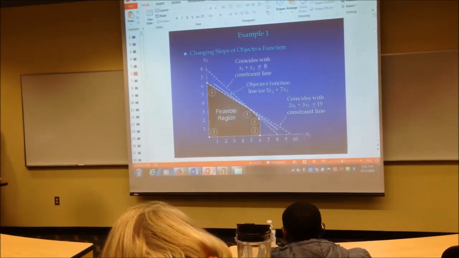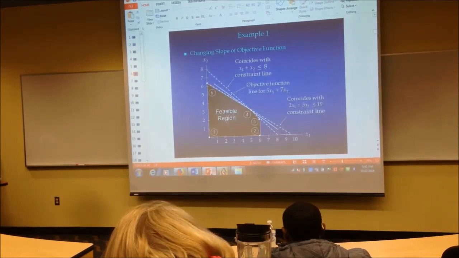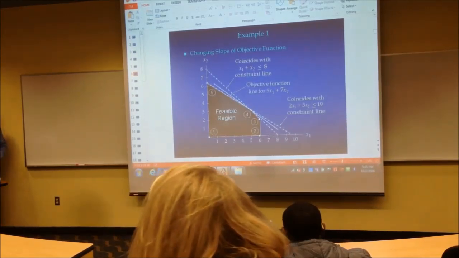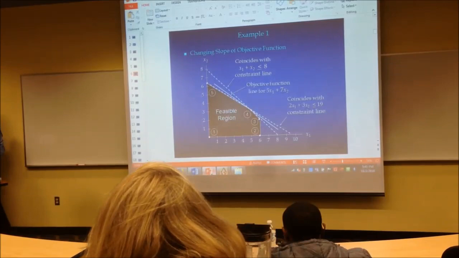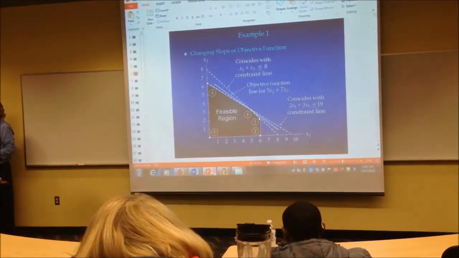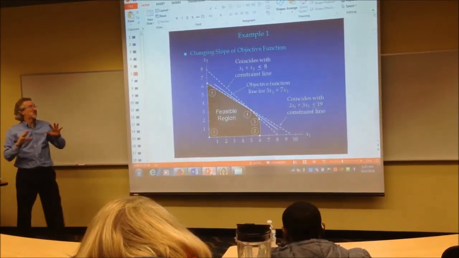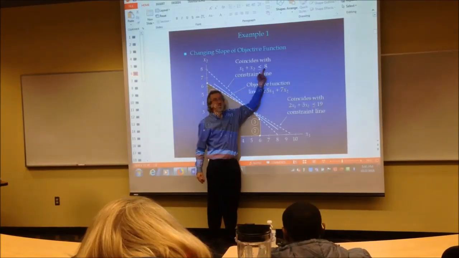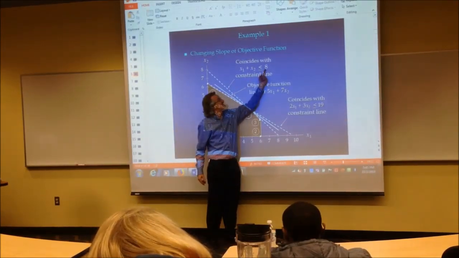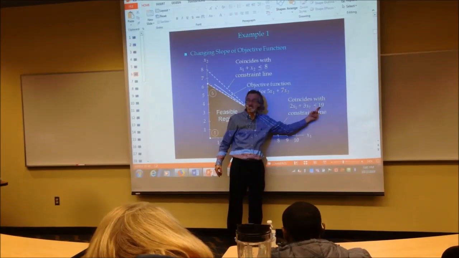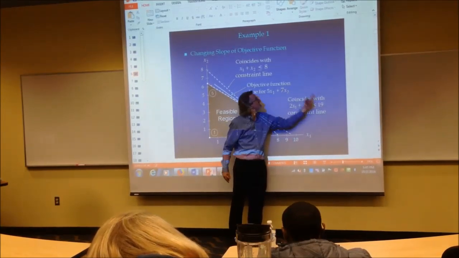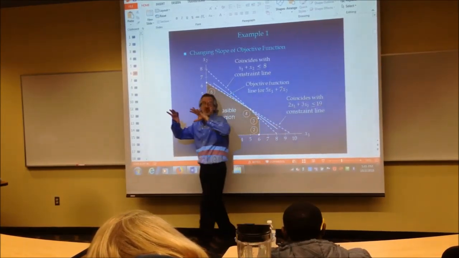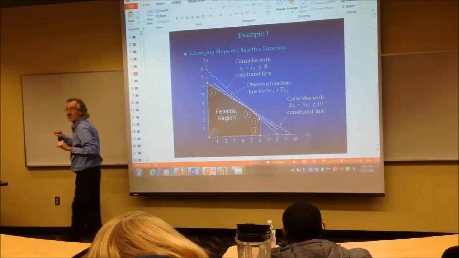The word feasibility is always referring to a constraint's right-hand side number. Everybody hear that? Like on this one, it says less than or equal to 8. On this one, it says less than or equal to 19. That 19 and that 8 are all about the range of feasibility.